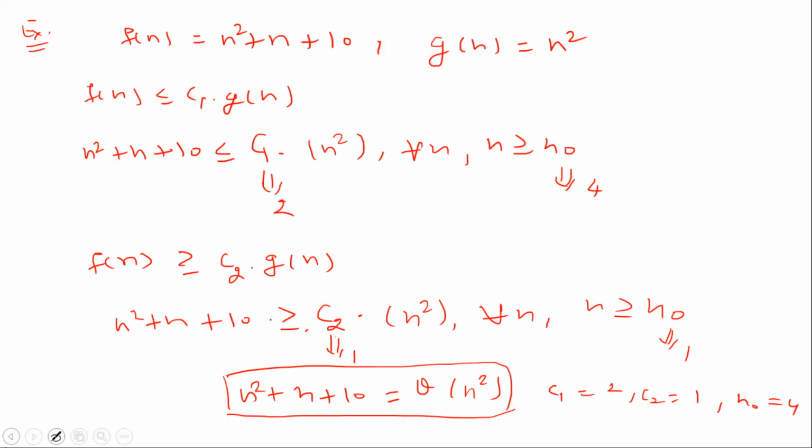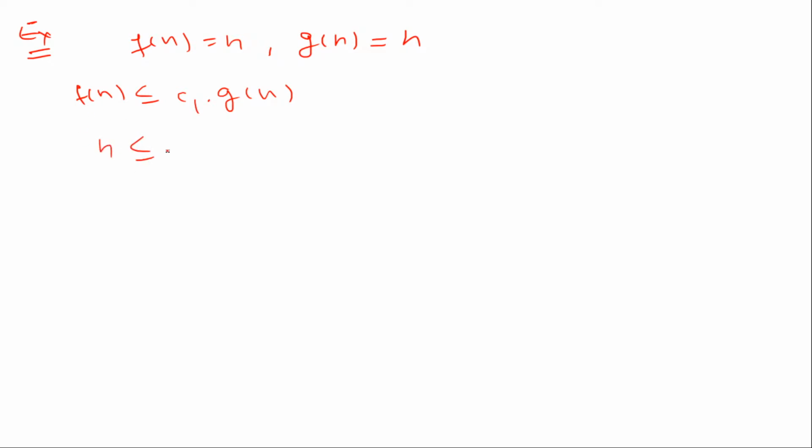We take another example. Fn n, gn n. First we prove the big O notation condition. Fn less than or equal to c1 dot gn, n less than c1 dot gn n.